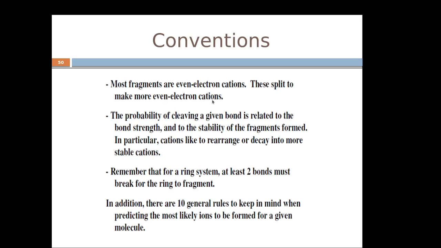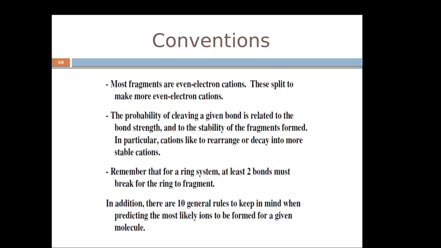The probability of breaking a bond depends upon its bond strength: the lesser the bond strength, the easier it is to break the bond. It also depends on the stability of the fragments formed. If the formed fragments are stable compared to the parent molecule, then it's highly likely that the parent molecule will fragment apart to form a number of stable fragments.